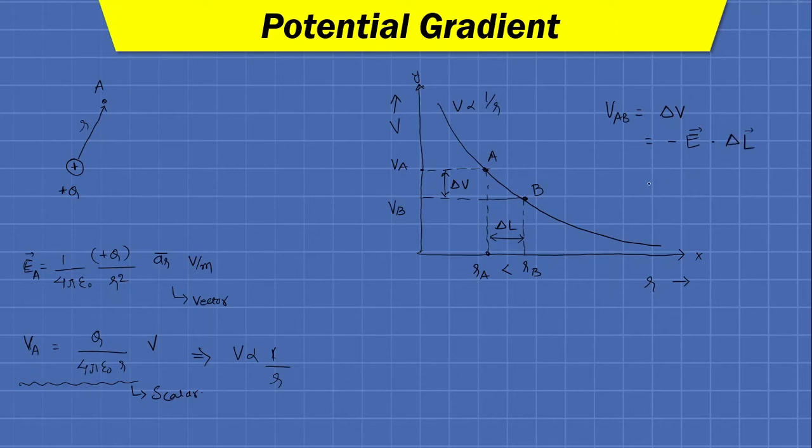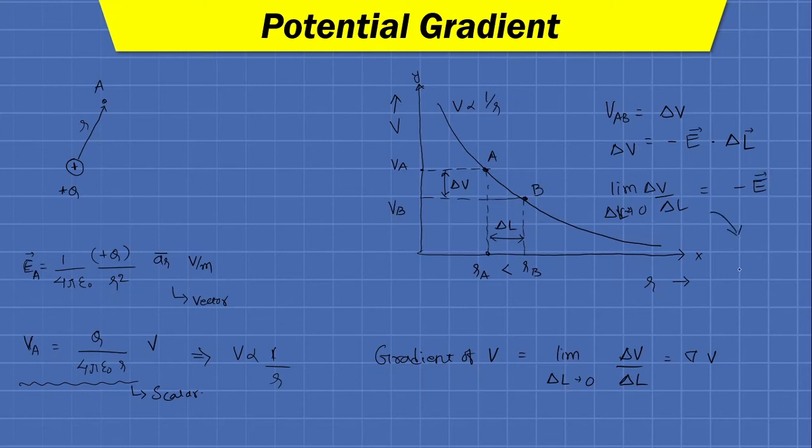Now if we want to define the gradient, then the gradient of V, or any scalar, is defined as limit delta L tends to 0 of delta V upon delta L. This is the mathematical definition of gradient, symbolically represented as nabla V. Since delta V equals minus E bar dot dl bar, the limit of delta V upon delta L can be represented as minus E bar.